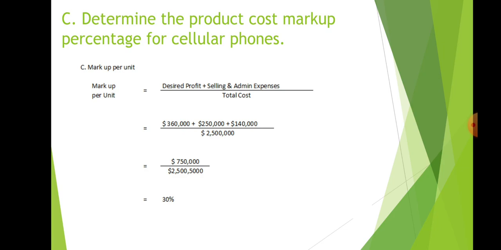Next, we will be determining the selling price of the cellular phones. We know that the selling price is equal to the cost per unit plus the markup per unit, which we have computed earlier. So the cost per unit is $250 plus $75 markup. If you were wondering how I came up with $75, it's at the bottom.